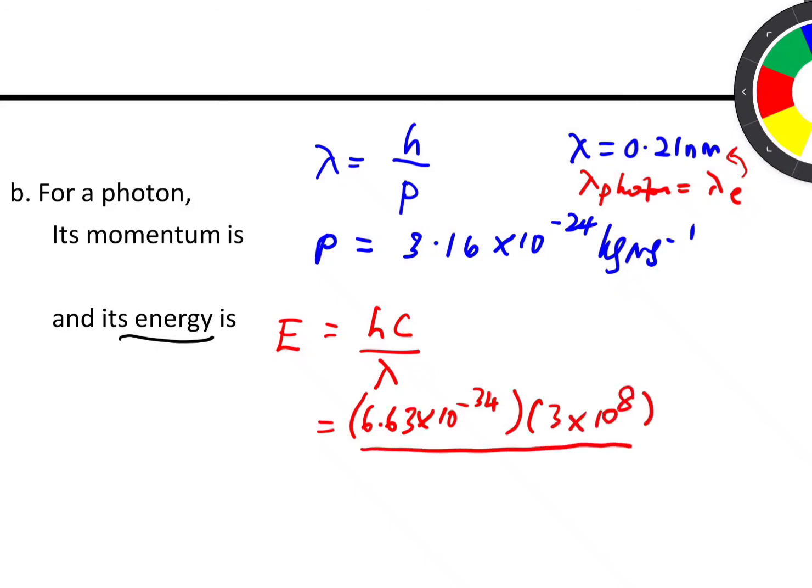Divide by lambda tadi 0.21 power of negative 9 meter. So you get the answer. Energy for the photon is 5,919 electron volt.